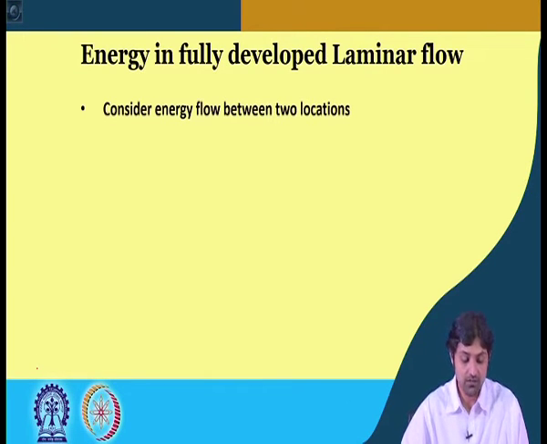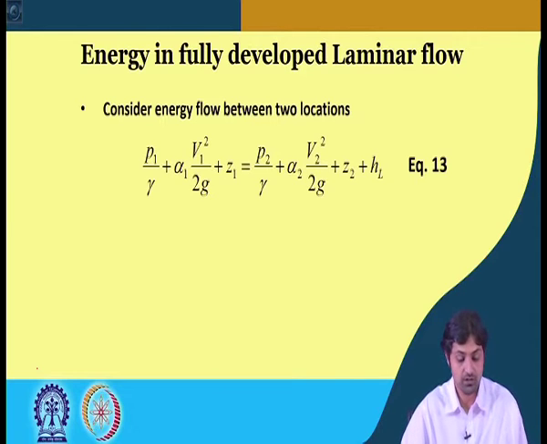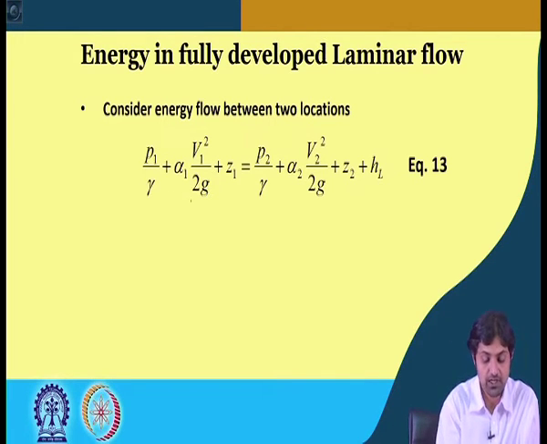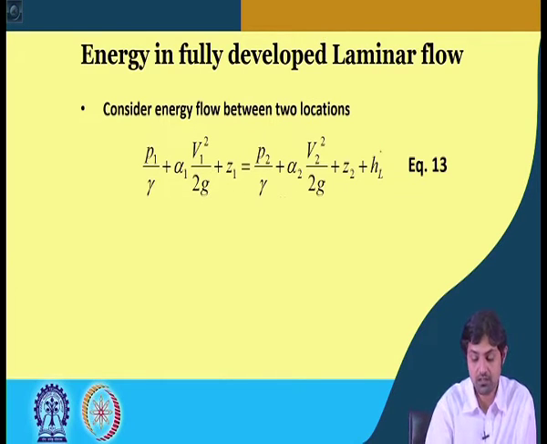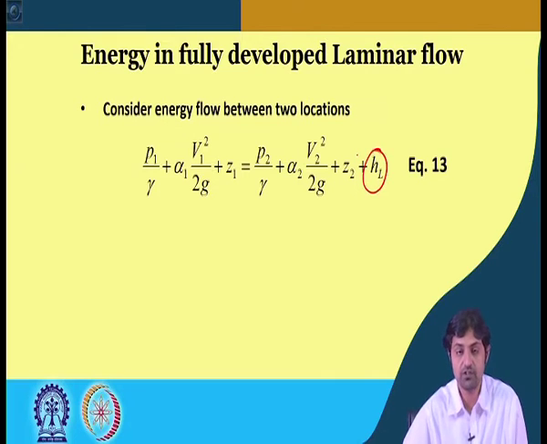So, consider the flow between two locations. If we consider flow between two locations, we can write Bernoulli's equation. So, the pressure head, the velocity head and the datum head is equal plus the energy loss on the other side, if there is an energy loss in terms of head loss HL.